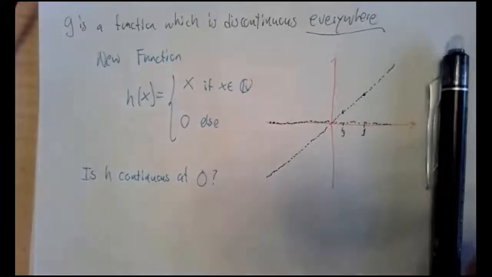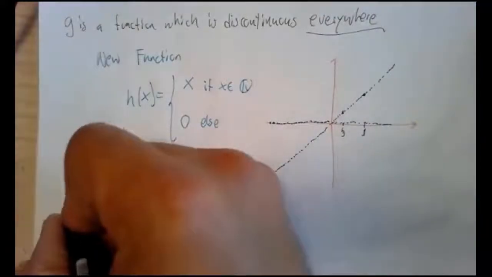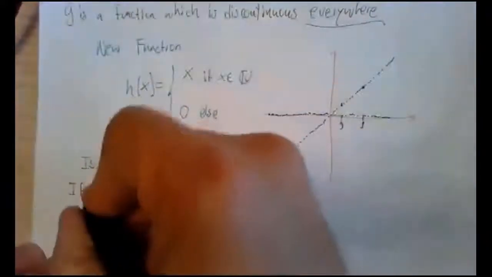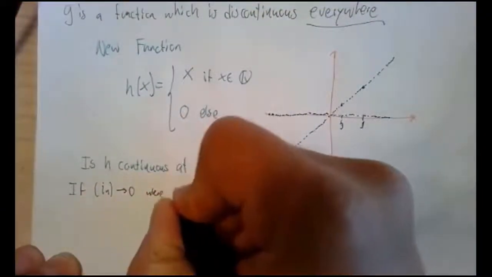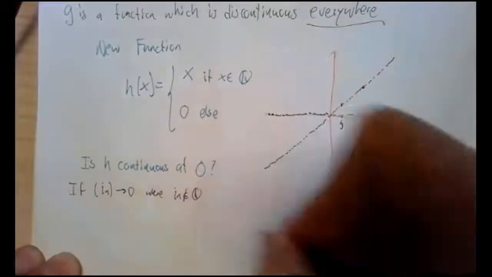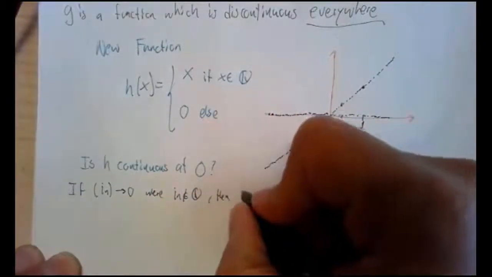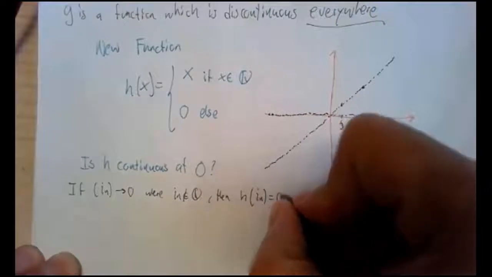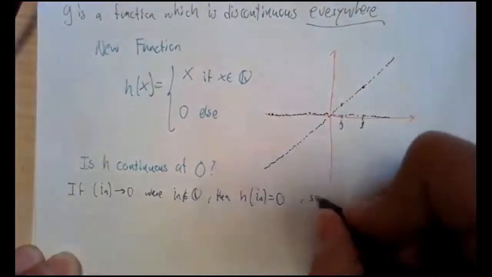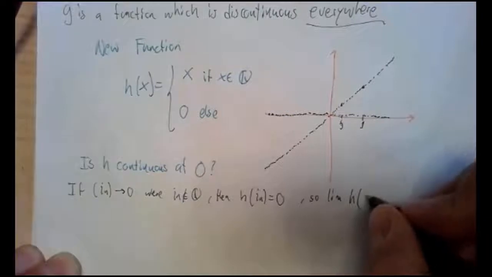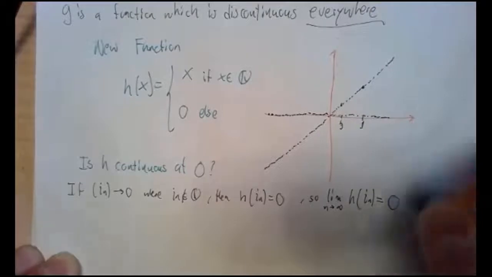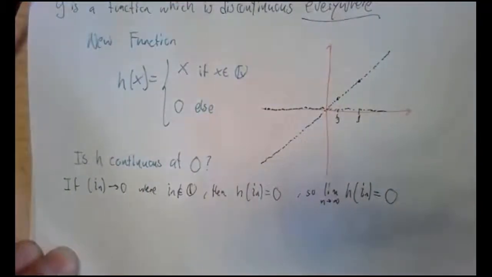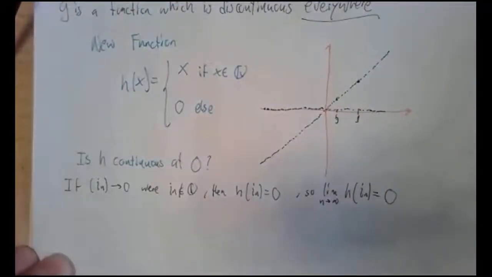If we pick irrational numbers that are getting close to 0, so if we pick i_n approaching 0, where i_n is not rational, then we know that h of i_n is 0 for all of them, and so the limit works, right? The limit is 0. But what if we have a few rational numbers among them, or if the sequence is all rational numbers?